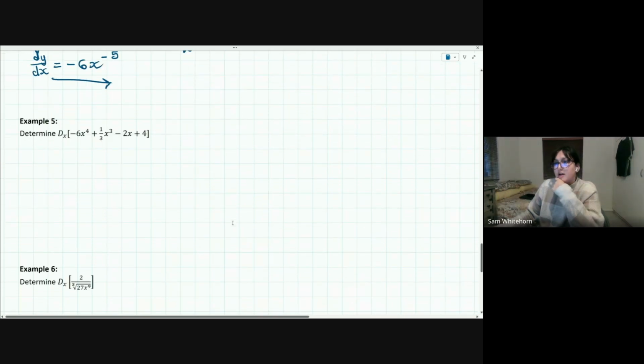But example 5, I want to show you because what we can see here is that there are multiple terms. So whenever you have multiple terms, you are going to differentiate each term separately.